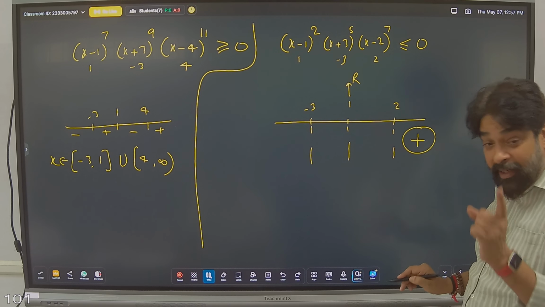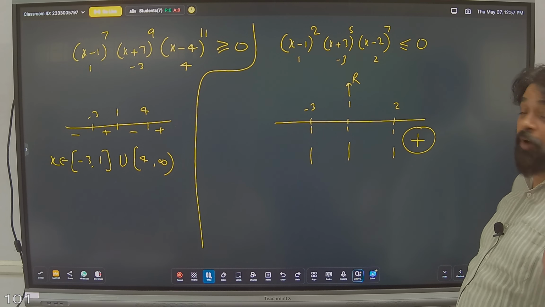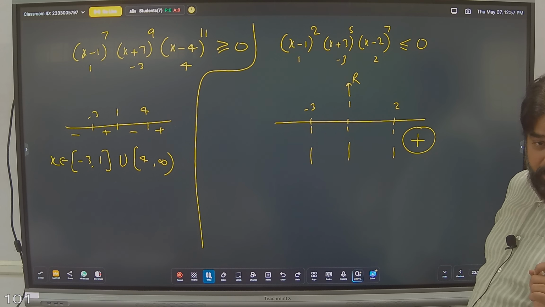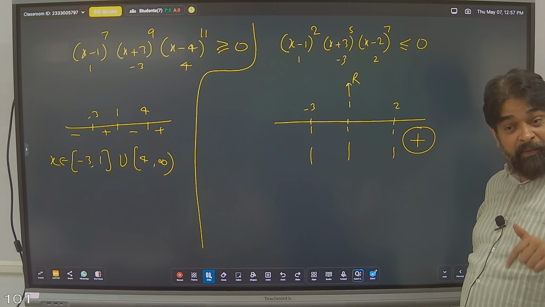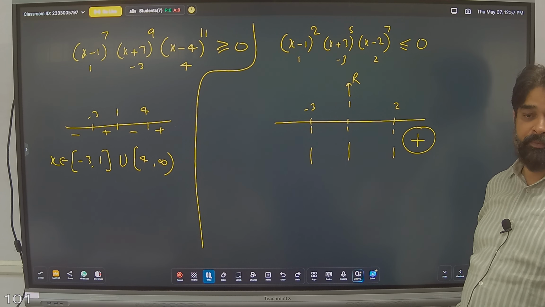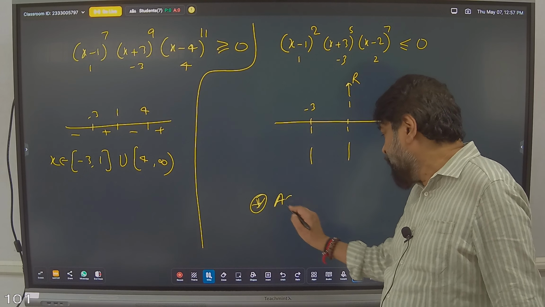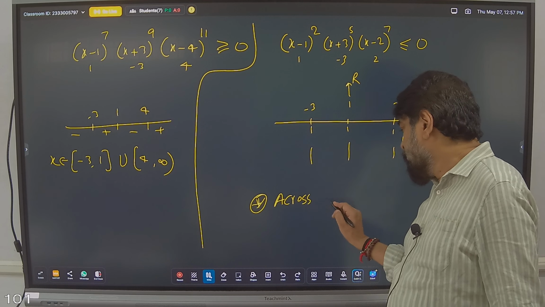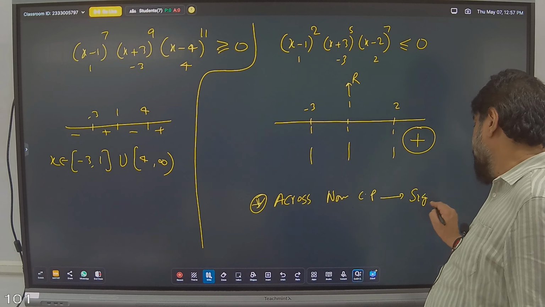Then alternate signs. That rule is for normal critical points. For a repeated critical point, the sign will also repeat. Across a normal critical point, the sign alternates.